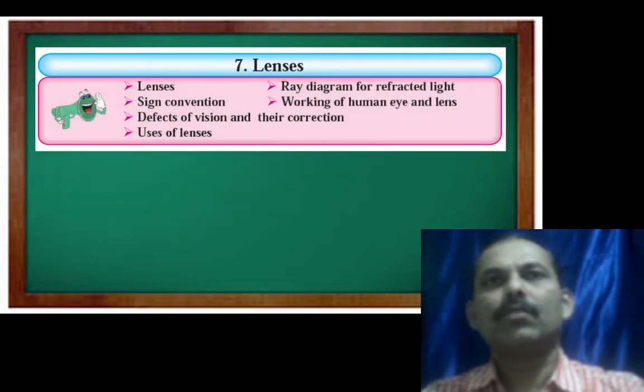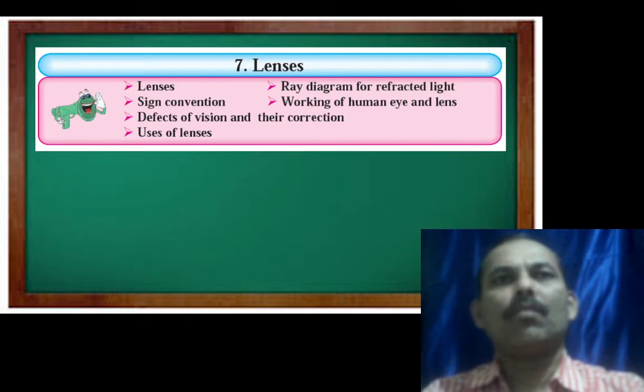In this chapter, we have to learn about lenses, types of lenses, then related concepts of those lenses, sign convention, ray diagram for refracted light, working of human eye and lens, defects of vision and their correction, uses of lenses. So we'll see about lenses.